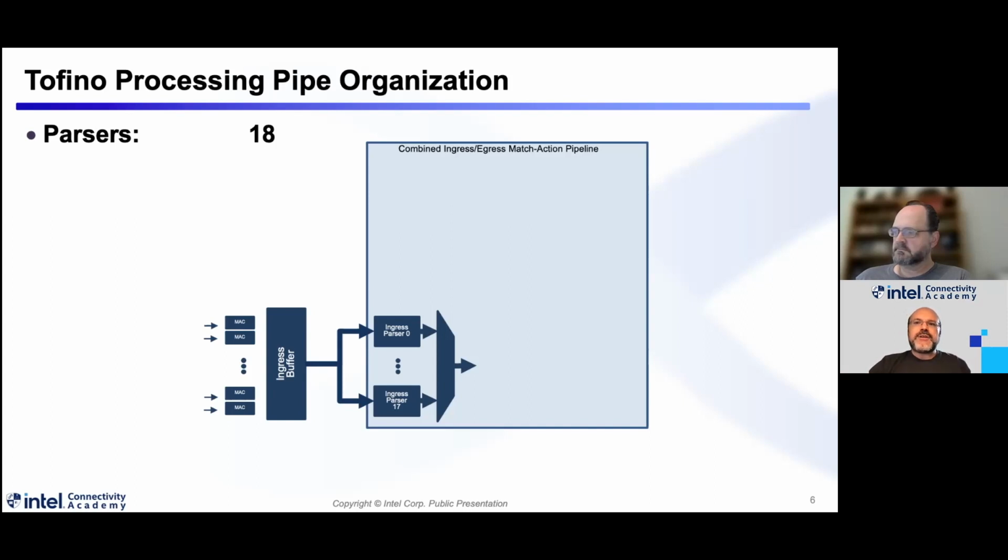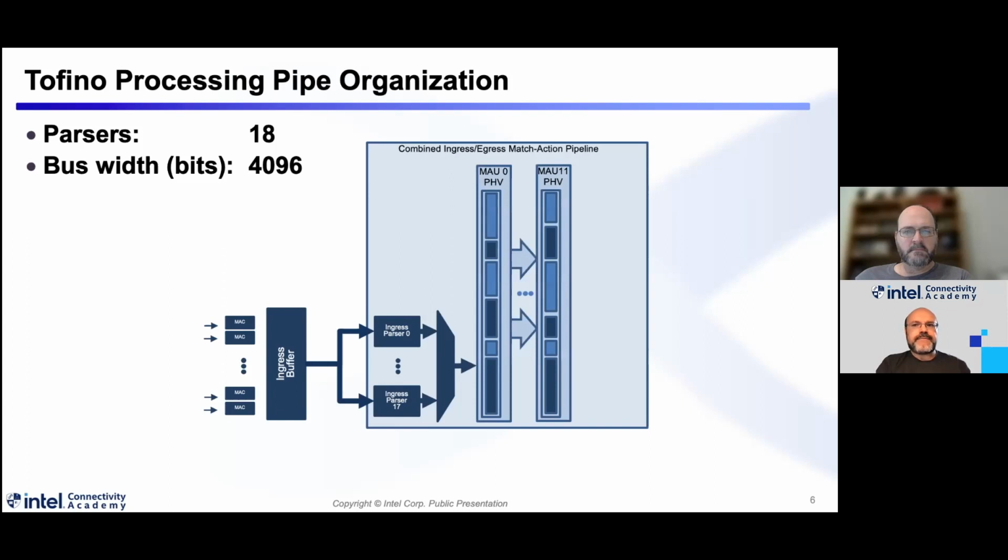Also, we need to remember that it simply takes time, even at 100 gigabits per second, to receive the data from the wire in the first place. So it makes a lot of sense to have multiple parsers working in parallel and feeding the single match action pipeline that processes one packet per clock. So how does all this data get in there then?